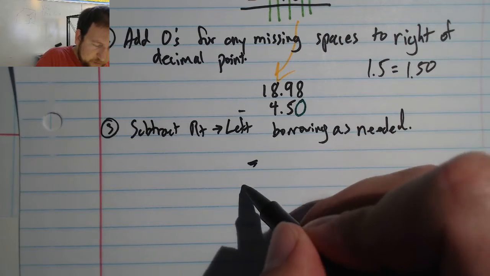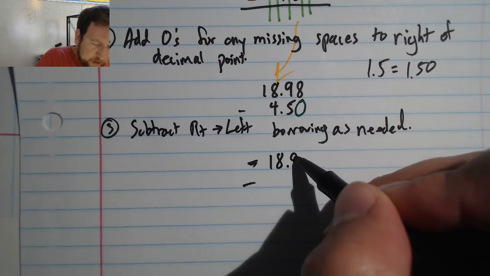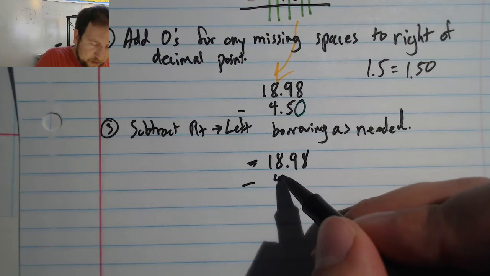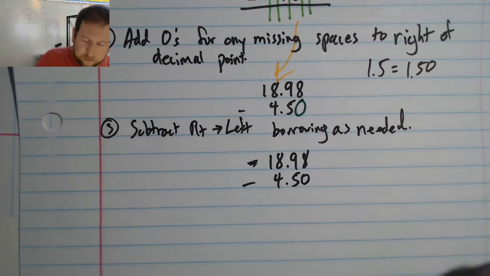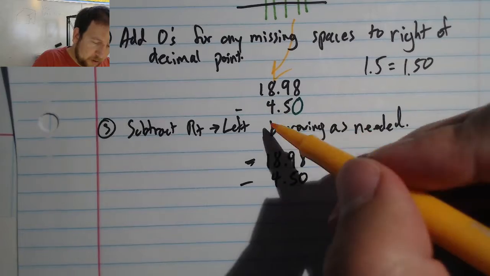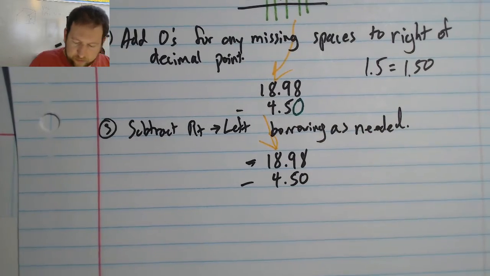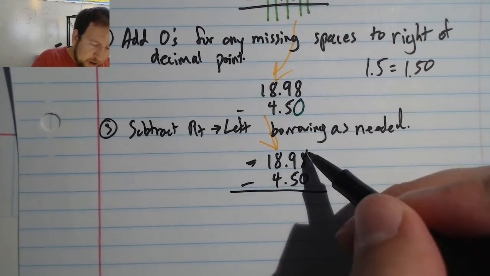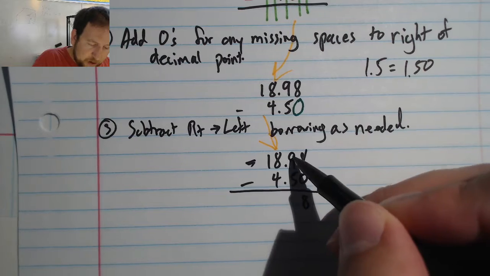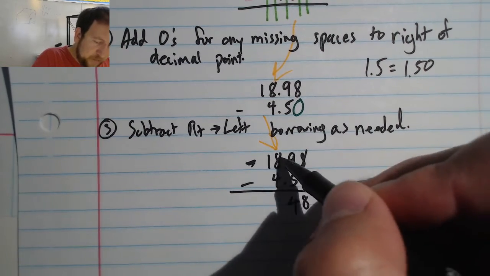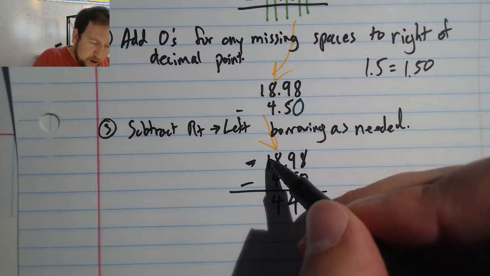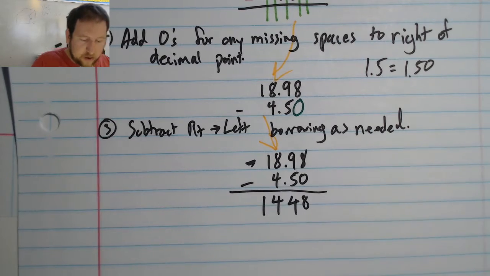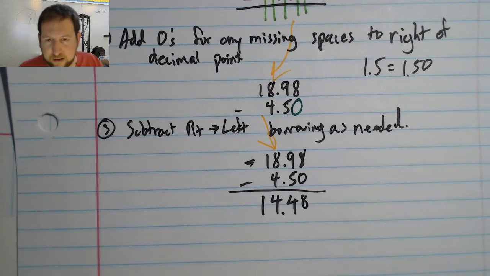We put our minus here, 18.98 minus 4.50. Brought it down from earlier. Okay, 8 minus 0 is 8. 9 minus 5 is 4. 8 minus 4 is 4. 1 minus 0 is 1. I'm going to bring my decimal point back down as well.